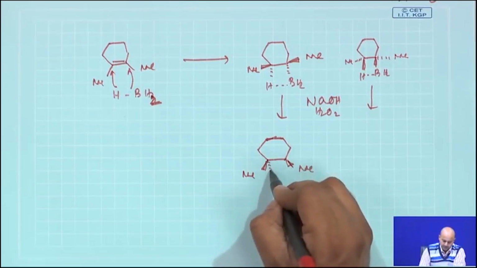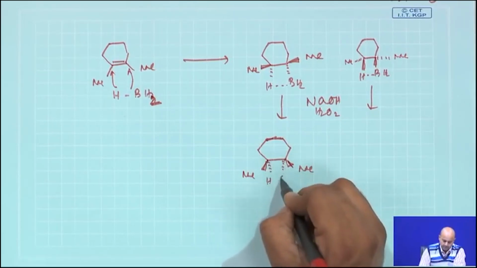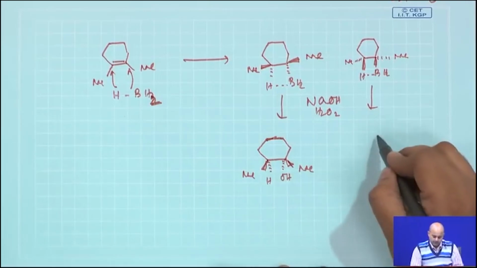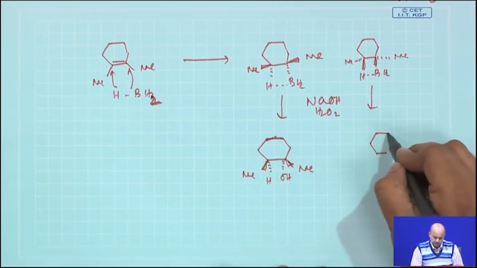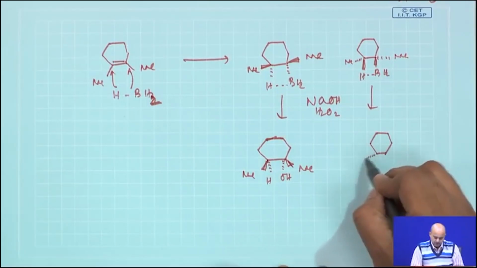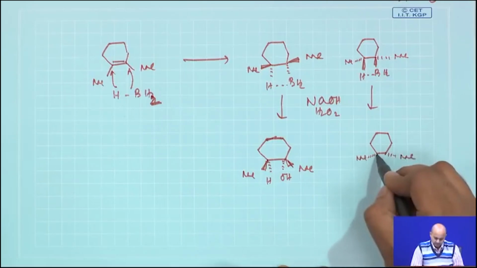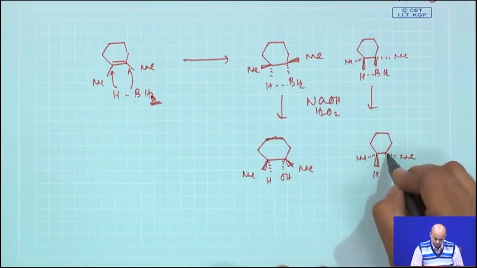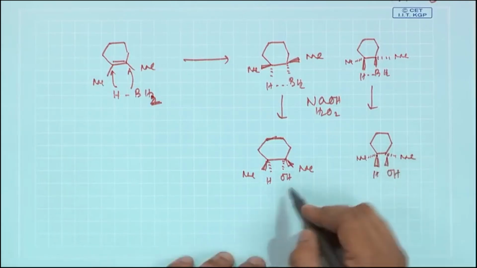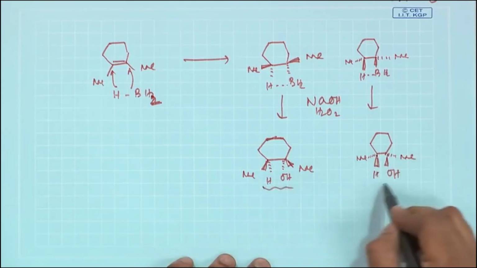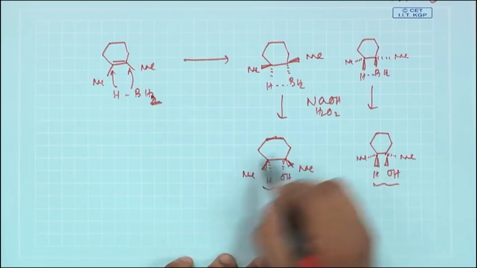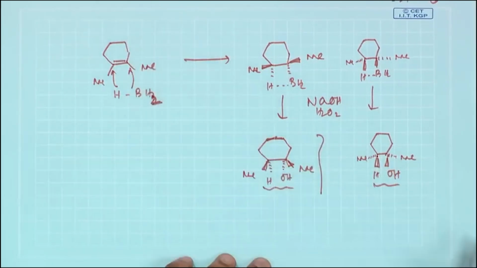So you can get either this product or this product. These are enantiomers of each other. It means that in hydroboration, the hydrogen and OH are syn to each other. Now, any one of these is our target molecule.